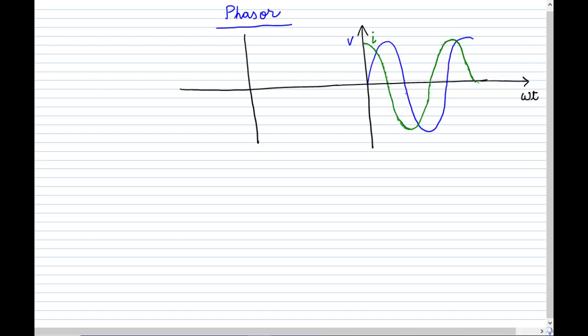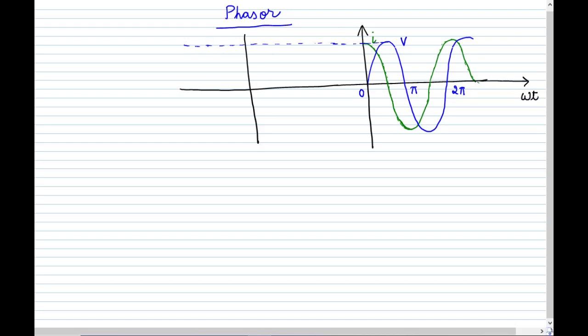And we can draw this voltage and current graph. So here the blue corresponds to the voltage, and you can see that this is the maximum, draw the maximum value of the voltage and show it like this. So this is the maximum value of the voltage, and then here it is 0, it is pi, then 2 pi, and so on.